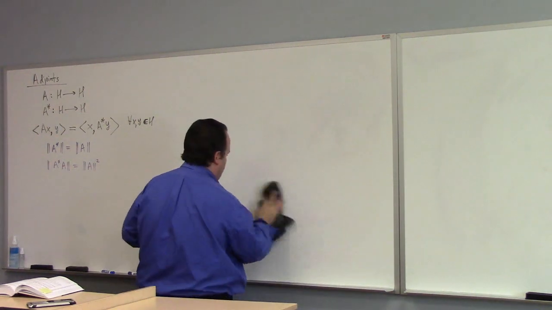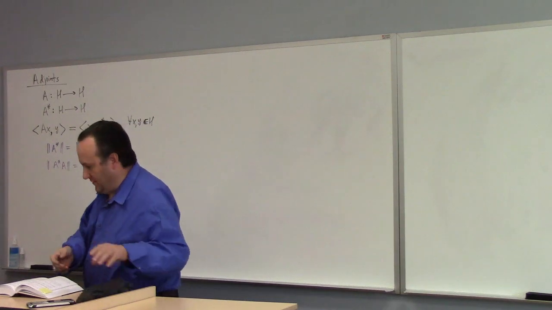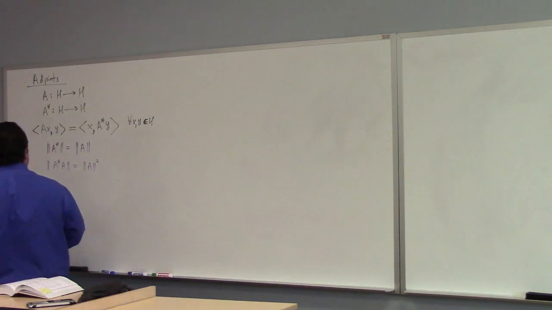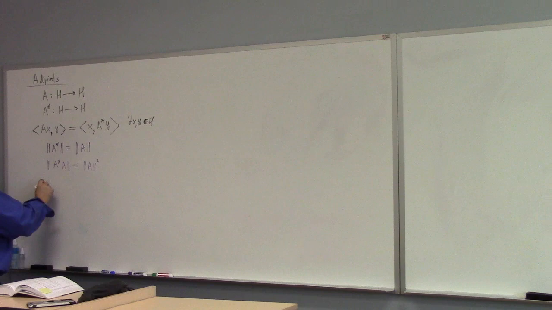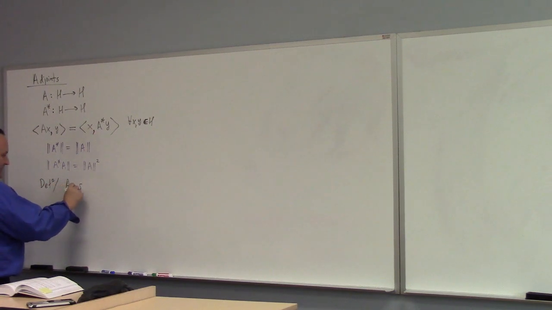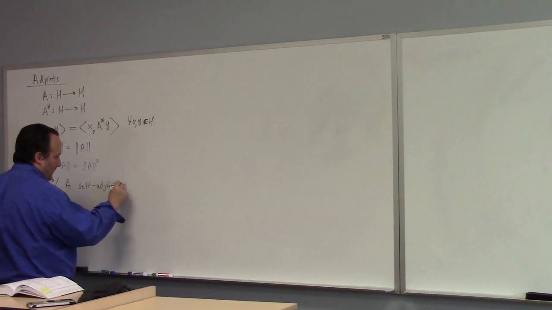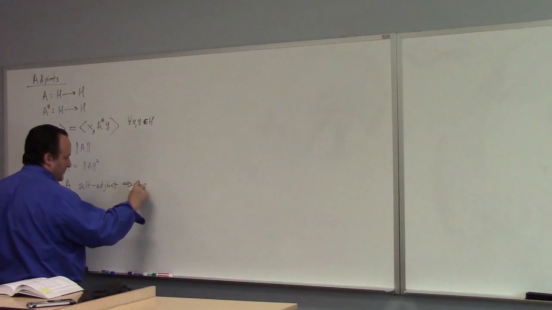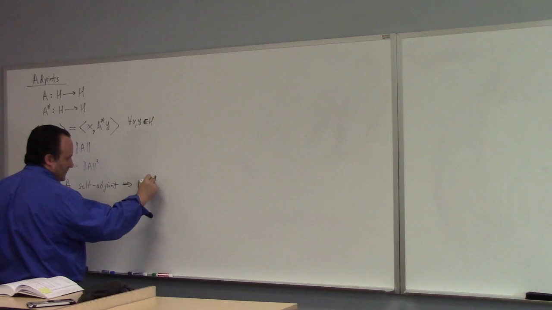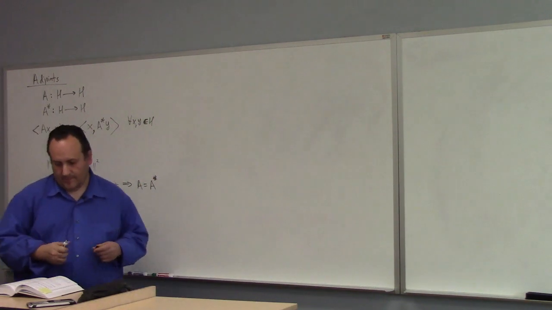Of course, I know that you know that already because of your question earlier. So, definition: A is self-adjoint if A is equal to A adjoint.